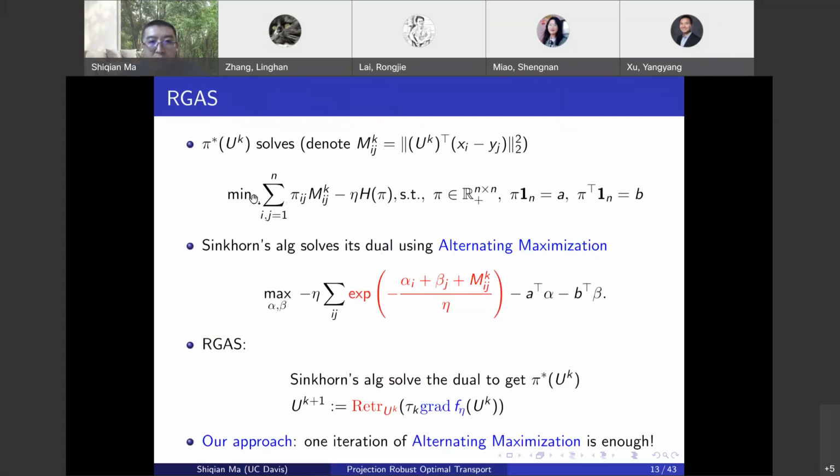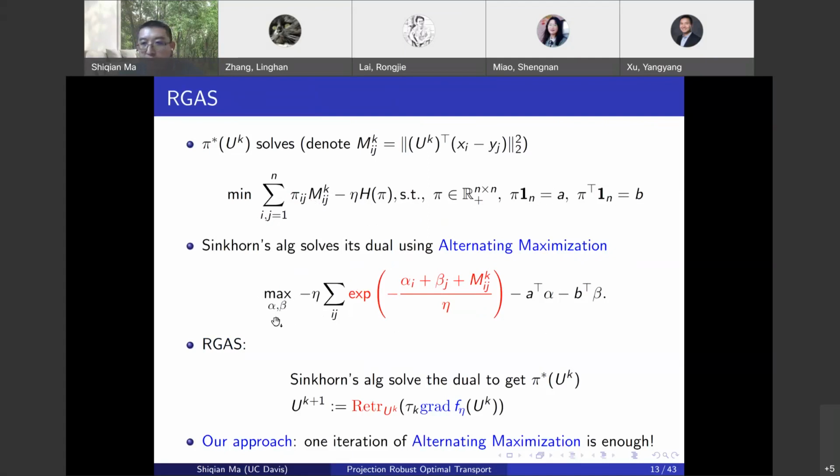Okay. So now let's briefly look at this Sinkhorn algorithm. This is the entropy regularized optimal transport problem. The decision variable is pi. Pi is an n by n non-negative matrix, and it satisfies two linear equality constraints. For these two linear equalities, I introduce the Lagrange multipliers, and I denote them as alpha and beta. Then I can write down the dual problem. The dual problem of this one is given here.